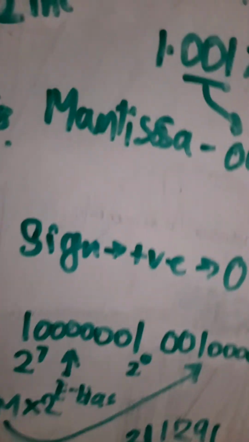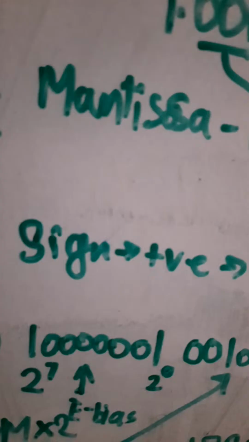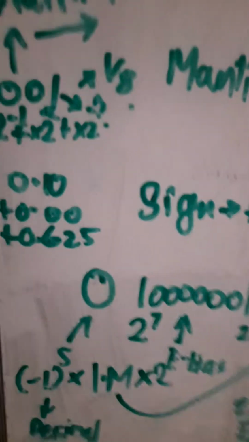So this is 1 by 8. What is 1 by 8? 1 by 4 is 0.25, and if I halve 0.25, then I would get 0.625. So this is 0.625 definitely.